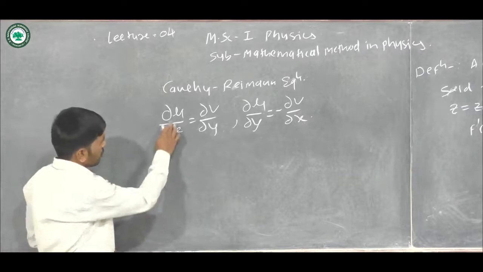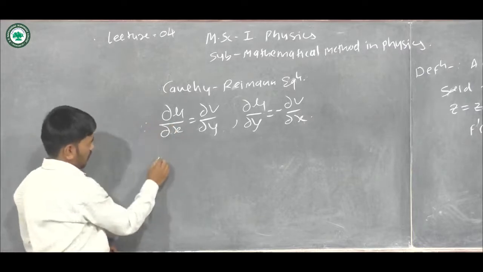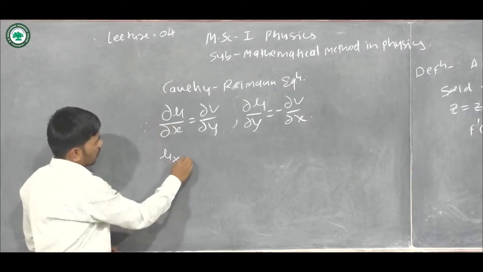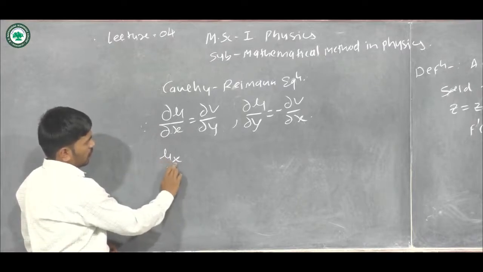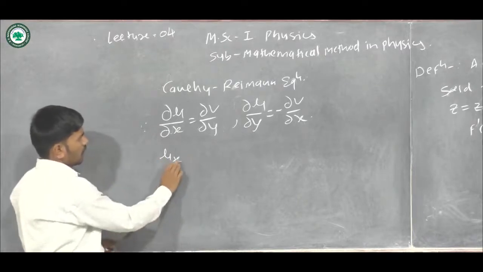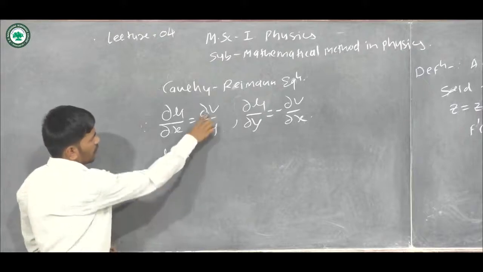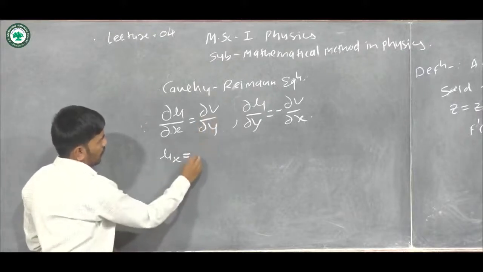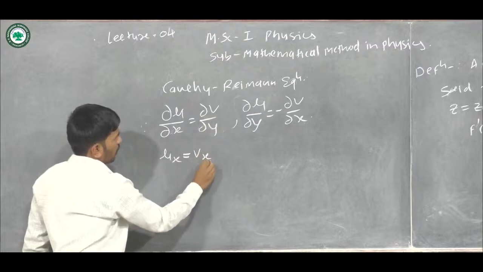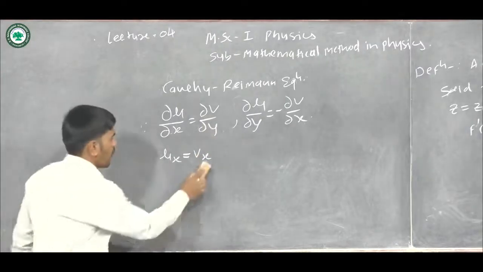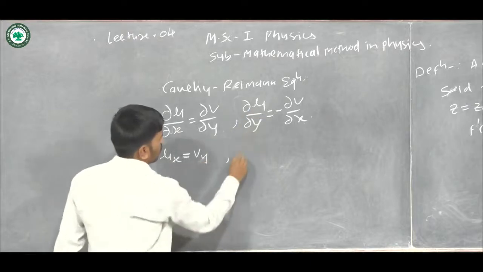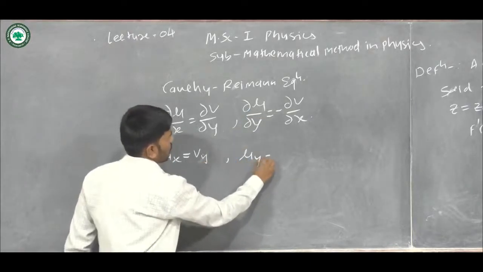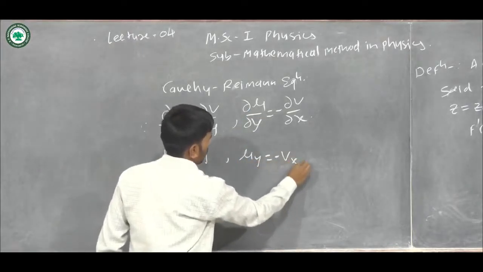We can rewrite this with subscripts: u x, which I read as u sub x, is equal to v y, and u y is equal to minus v x.